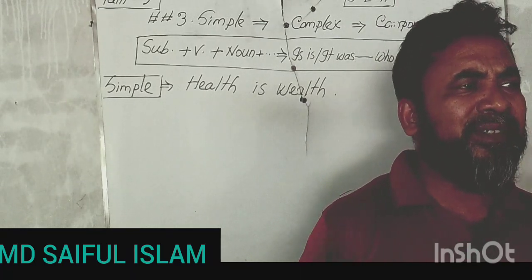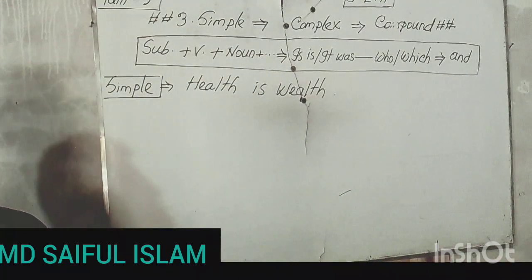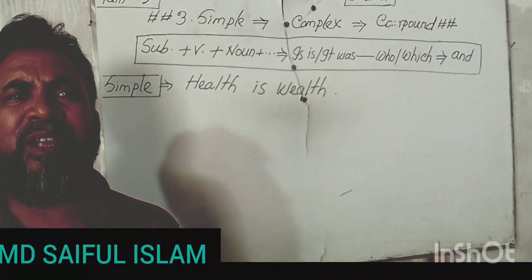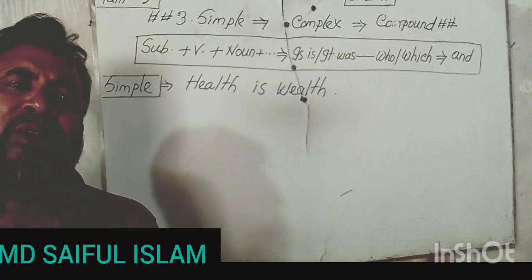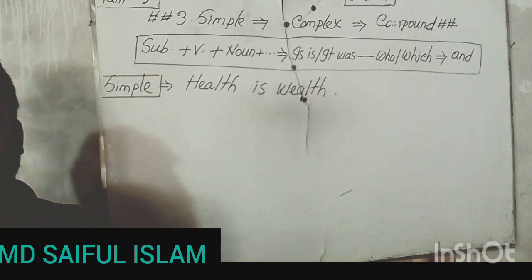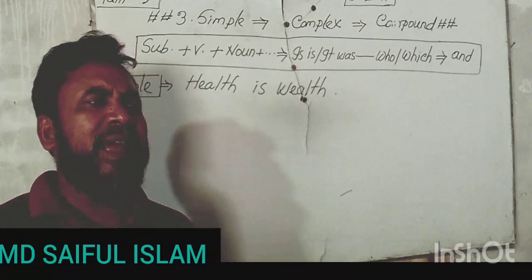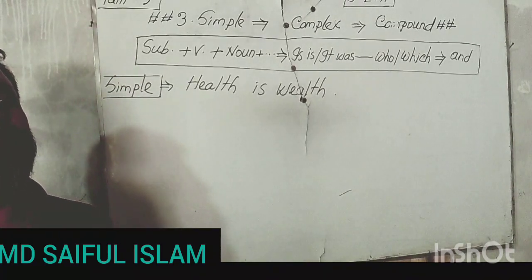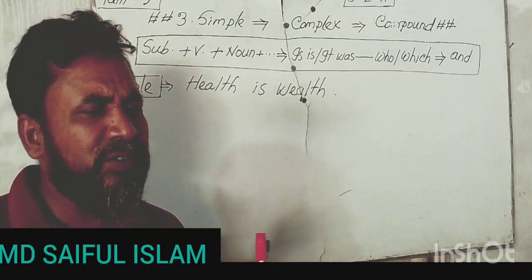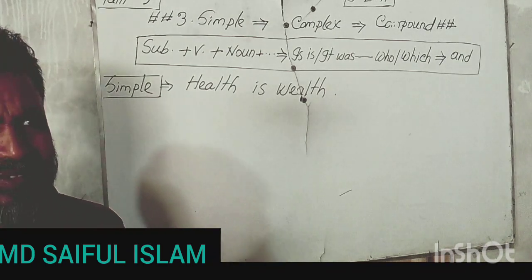You were told that a group of words which express the full expression of a mind is called a sentence. And you were also told that according to meaning we can classify sentences into 5 kinds: assertive, interrogative, imperative, optative, and exclamatory sentences. And according to structure, we can divide sentences into 3 kinds: simple sentence, complex sentence, and compound sentence. You were also told why we should learn sentences.